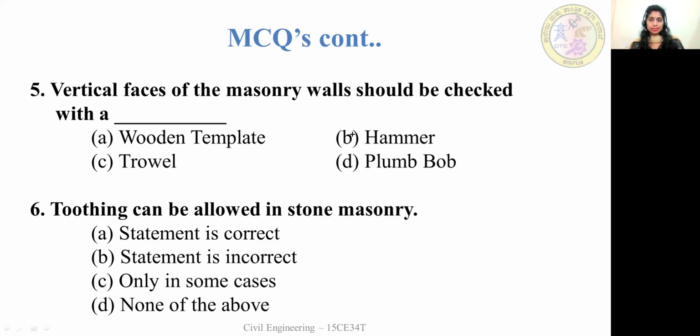I think this question doesn't need much time because everybody knows the verticality of the wall is checked by using a plumb bob. So the right answer is option D, plumb bob. Moving on to the next question.